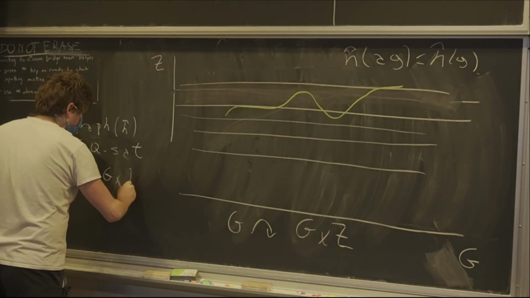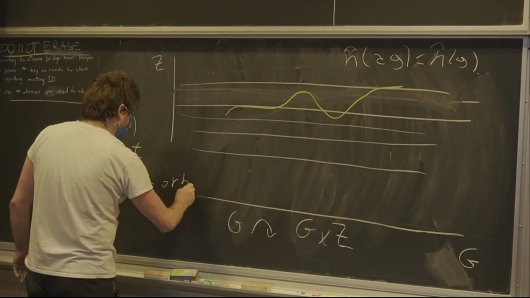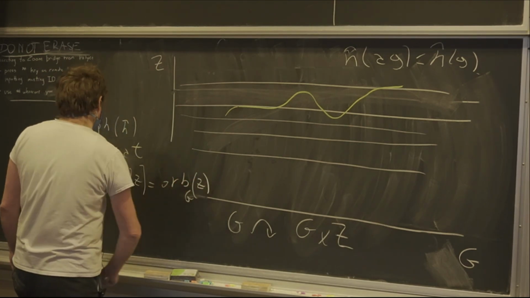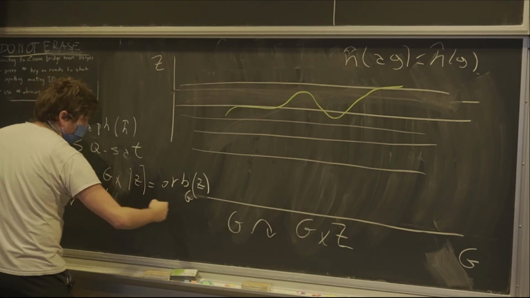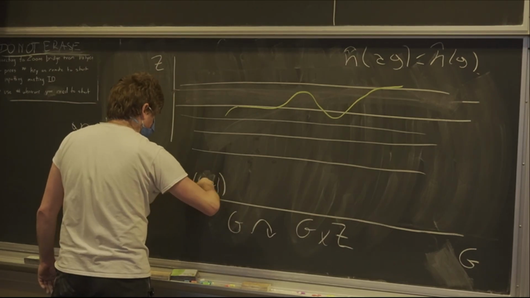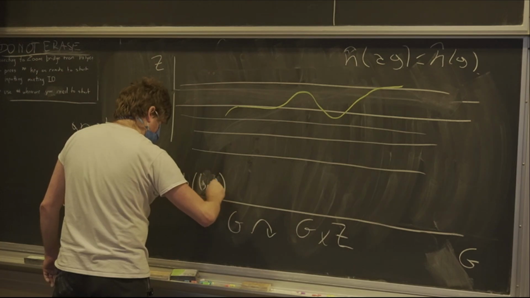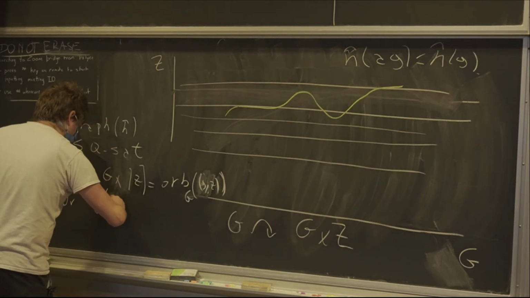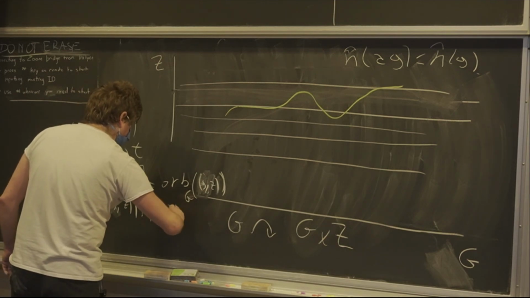G times Z, which is actually, I want to think of this as I said, the G orbit of C, or actually of EC, say, or whatever point GC, intersected the graph of H hat.